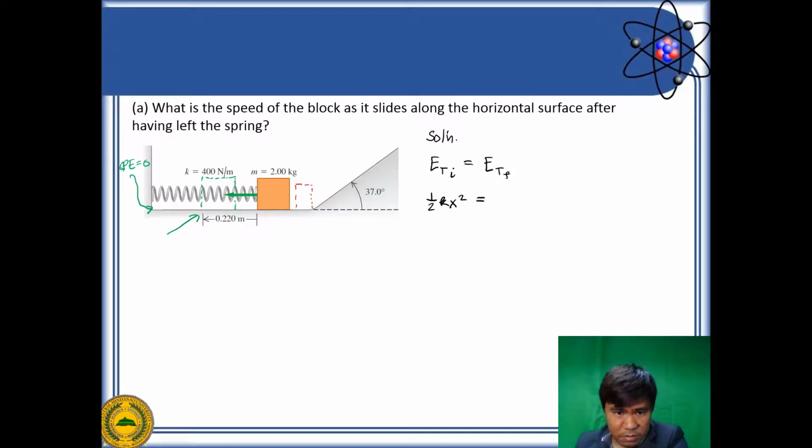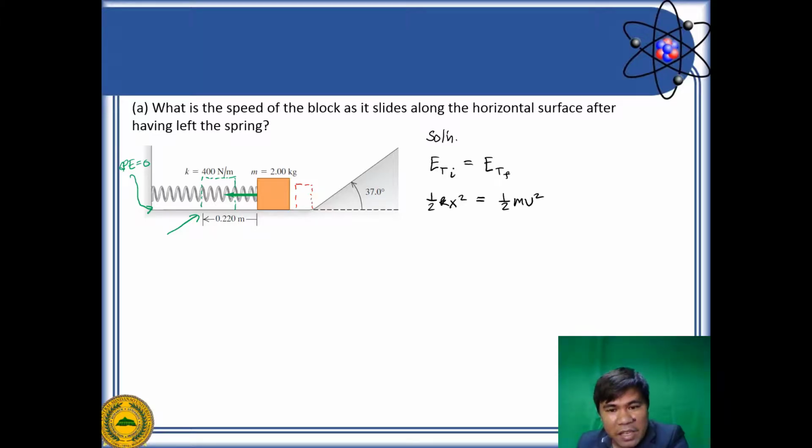Now, when the block is released from the spring, the energy present is purely kinetic, since we observe that the spring is not anymore compressed nor stretched, so therefore the elastic energy is zero, and the gravitational potential energy is also zero since the box is still on the horizontal surface.